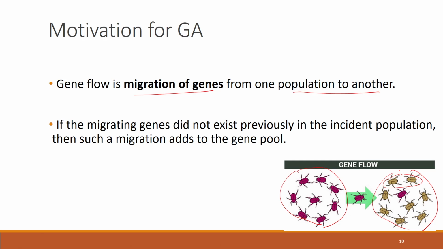In this way, different genes can get introduced from external populations. This statement says the same thing: if the migrating genes did not exist previously in the resident population, then such a migration adds to the gene pool.